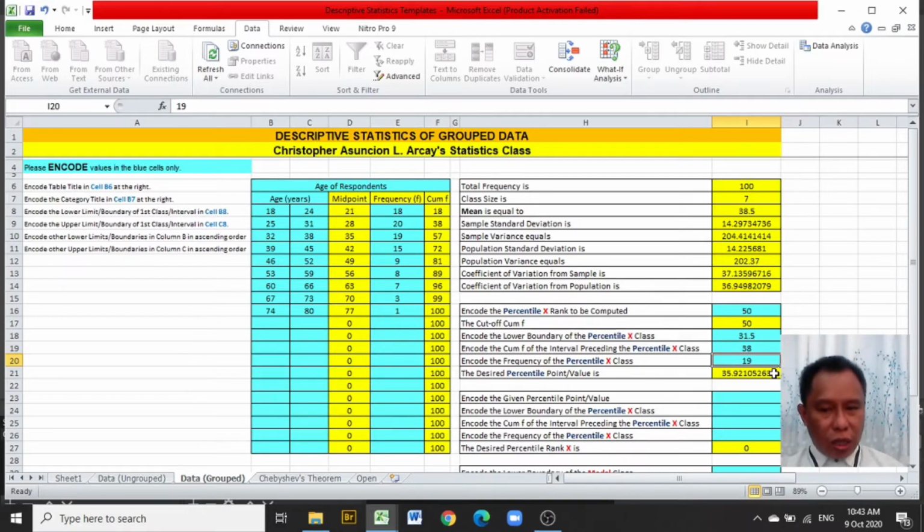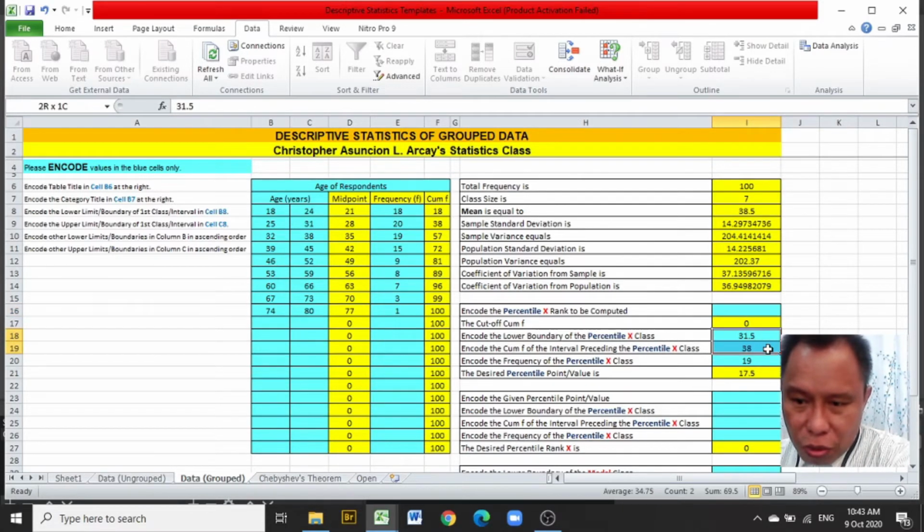35.92 years old. If you want to find other percentiles aside from percentile 50, for example, what about quartile 1? Quartile 1, or percentile 25, is not computed yet. To compute quartile 1, let us delete the values of the blue cells in this area.